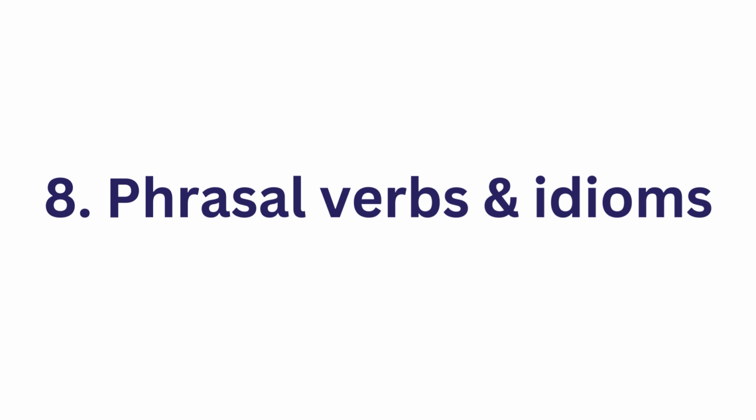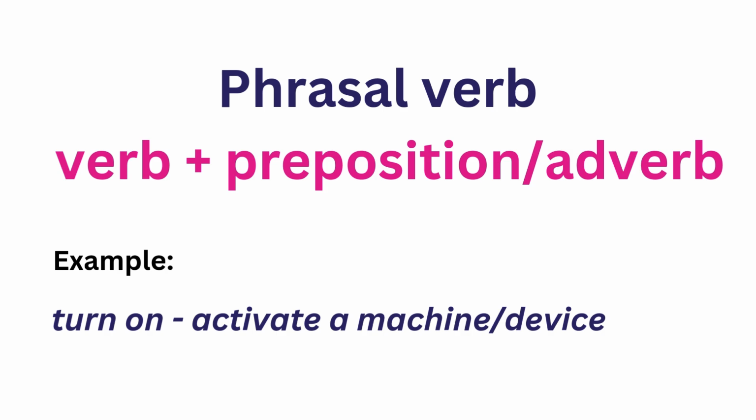Phrasal verbs and idioms are also used a lot in spoken English. What's a phrasal verb? This is a verb made of 2 parts which have a particular meaning. For example, turn on, which means to activate a device or machine.